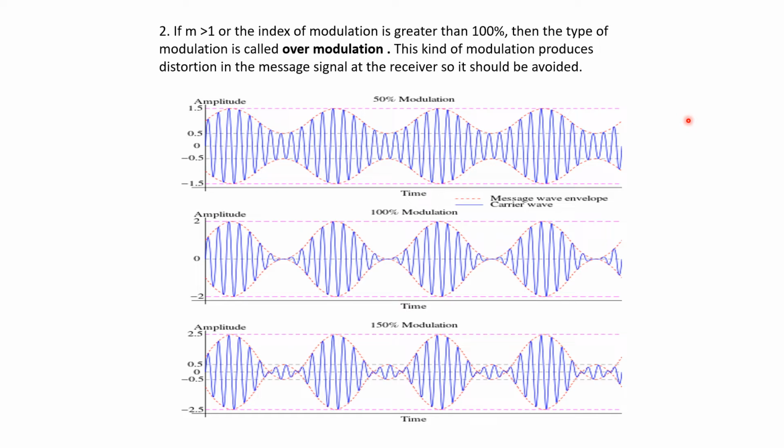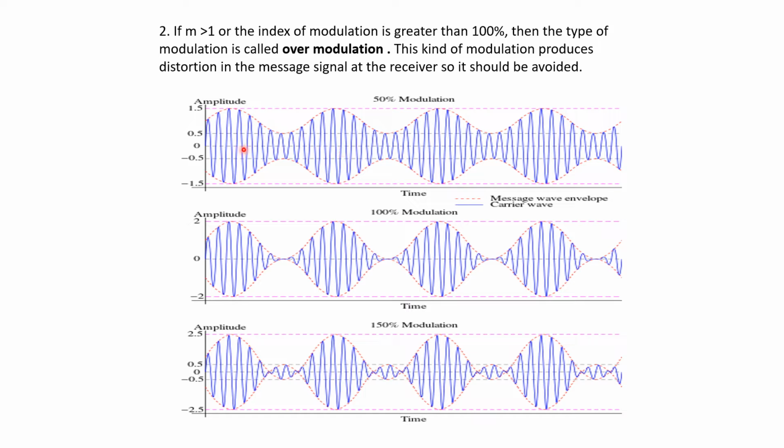And I had also discussed that if the modulation index, that is M, is smaller than 1, then it is called the case of linear modulation or under modulation, and this is the most commonly used category of amplitude modulation. Now, there are some other categories of modulation also, depending upon the numerical value of the index of modulation, and these cases are categorically depicted in this figure.